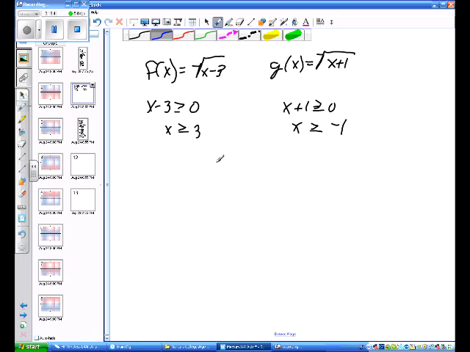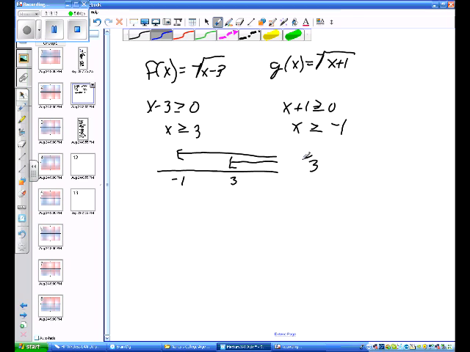Now, we need to go where these two overlap. And as we do that, then the only numbers that we can use, if we deal with what's greater than negative 1 and what's greater than or equal to 3, then the place where they overlap is from 3 to infinity.